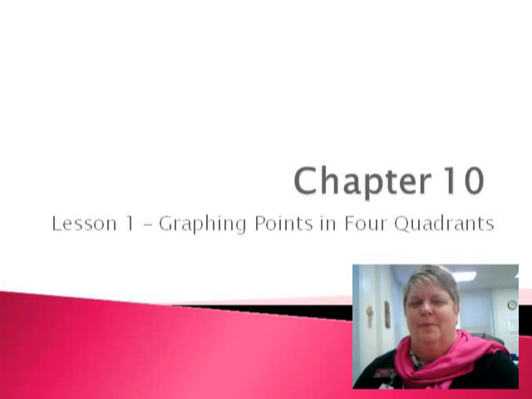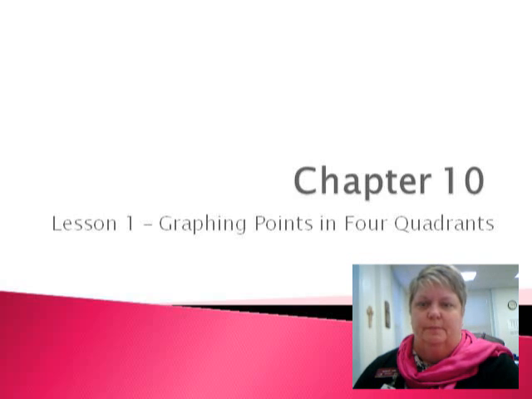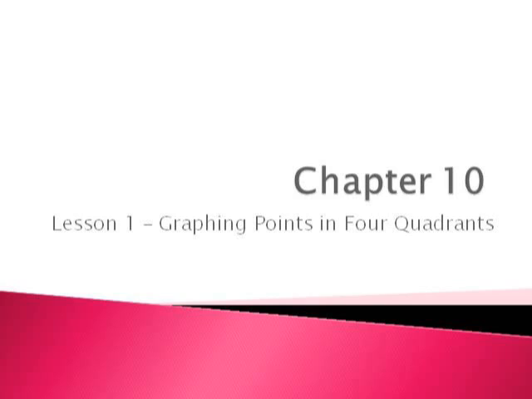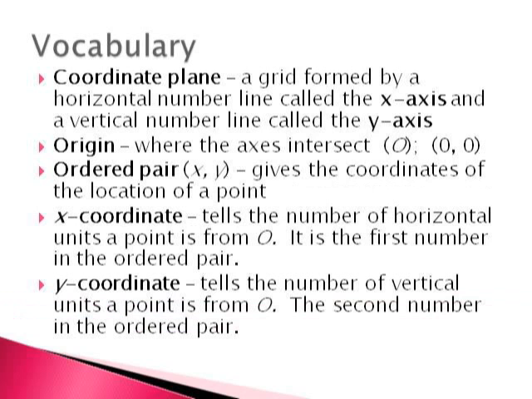All right, welcome. Chapter 10, we're going to look at Lesson 1, which is graphing points in 4 quadrants. This chapter has to do with a coordinate plane, and there are a lot of vocabulary words here.